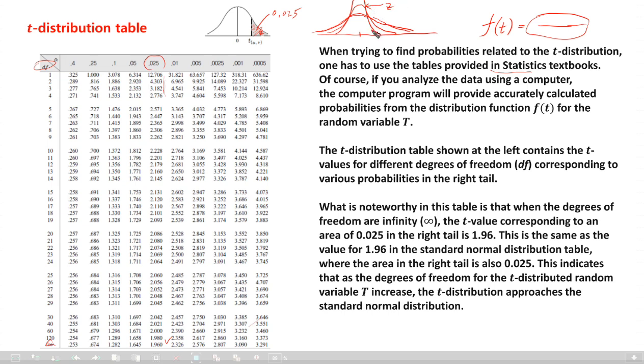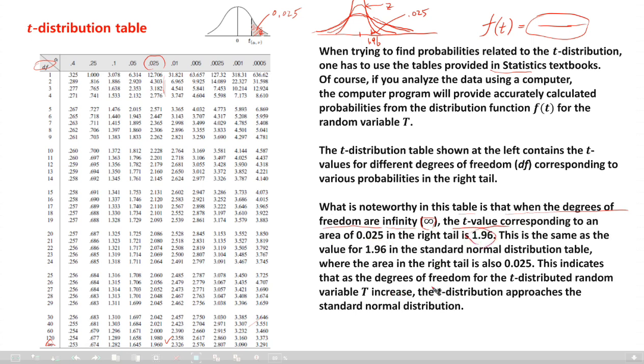I told you before, this part is 0.025, and the t value is 1.96. It coincides with the standard normal. When the degrees of freedom are infinity, the t value corresponding to an area of 0.025 in the right tail is 1.96.